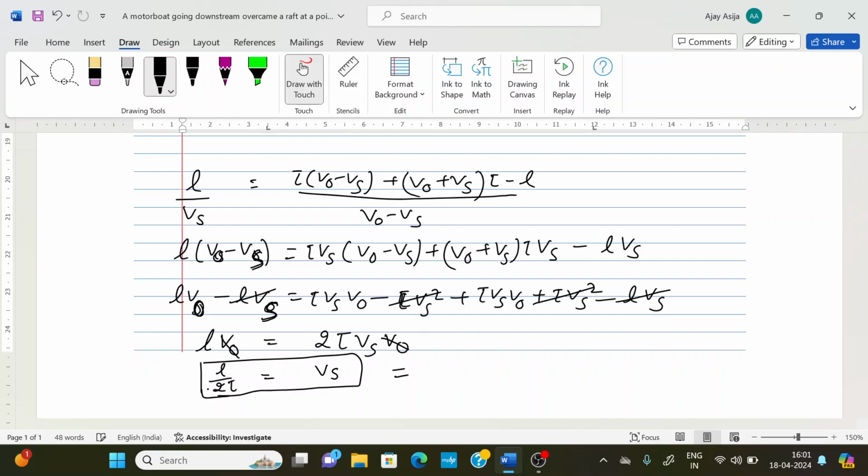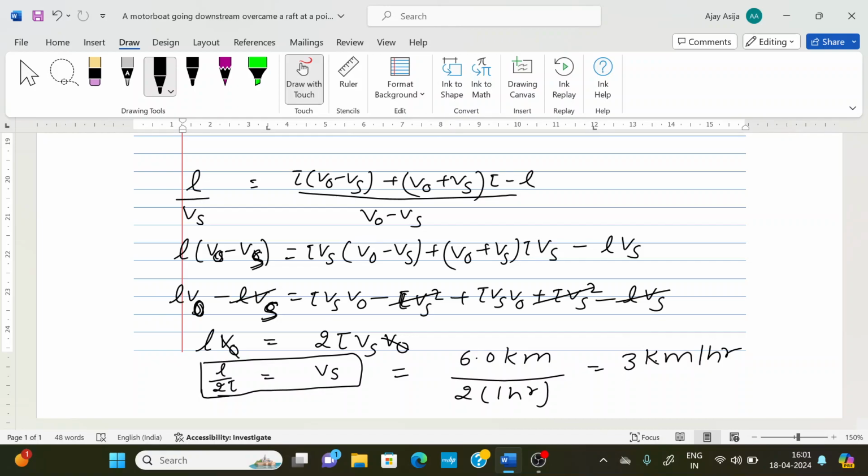Now let us put in the values of L and tau. L is 6 kilometers, and tau we take in hours, because we are taking velocities in kilometers per hour. So tau is 1 hour, and the result will be 3 kilometers per hour. This is the flow velocity of the water.